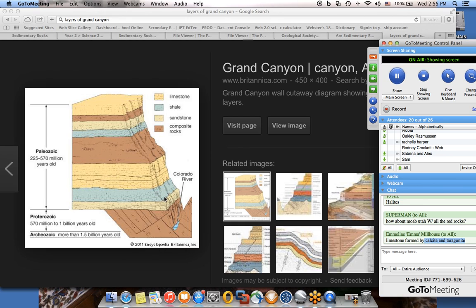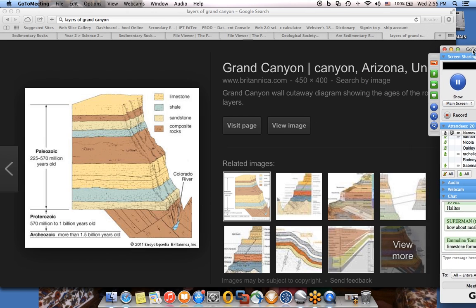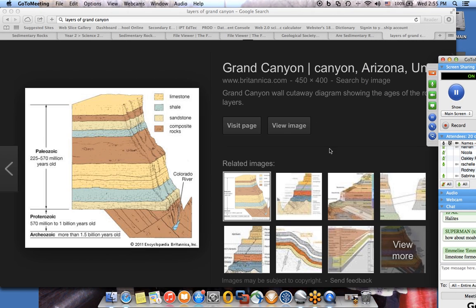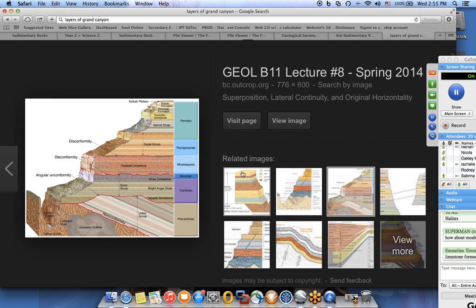Another layer of shale, another layer of sandstone, and then composite rock, the bottom part, okay. So there are several images that you can look and see of this type of formation, okay.